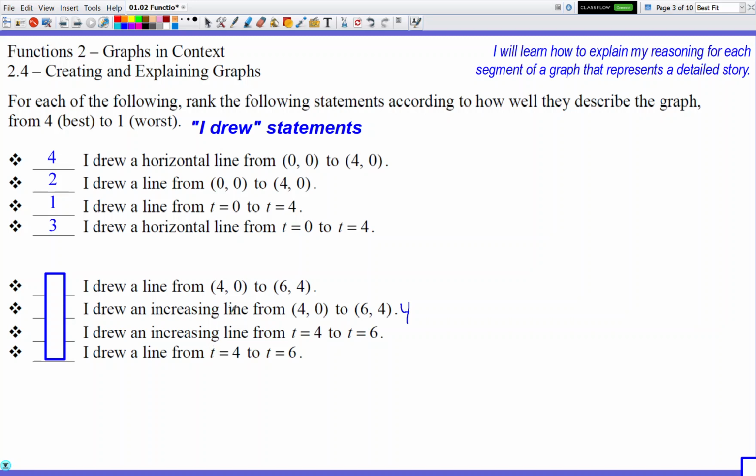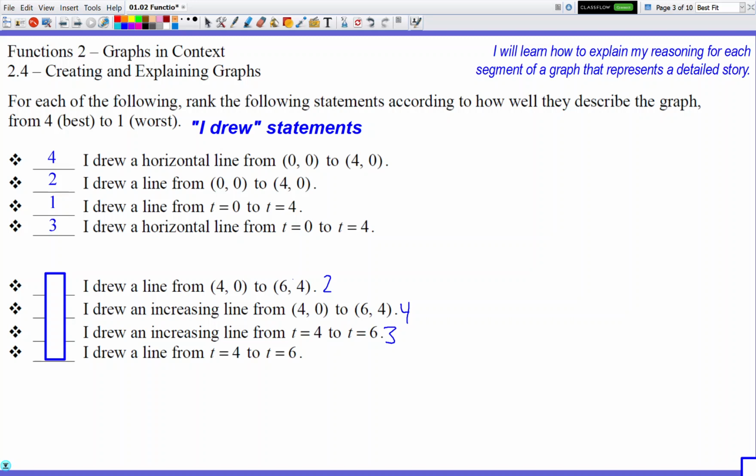So I'm not saying that where it is found in the graph is not important. I'm just saying that the characteristic of the line being increasing is going to give the edge to this guy compared to this guy. I'm just saying what kind of characteristic the line has is more important than where it is, because we're doing the part of the explanation called "I drew," like I'm drawing lines.